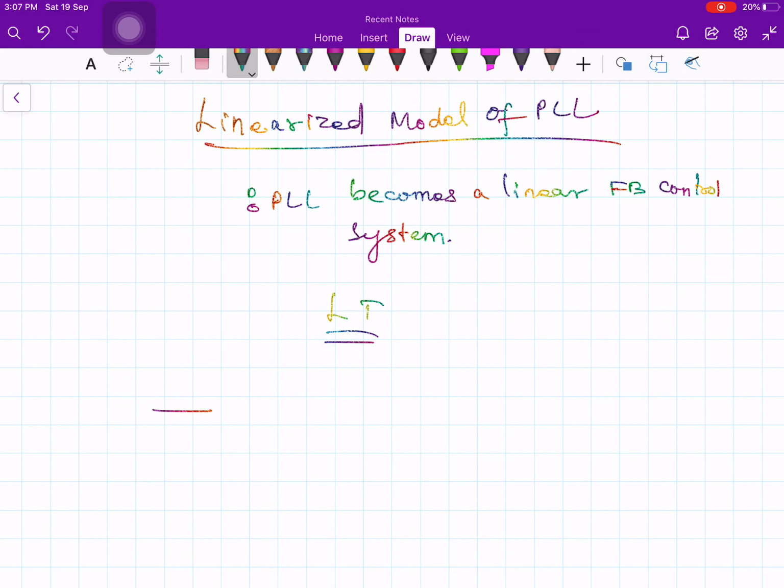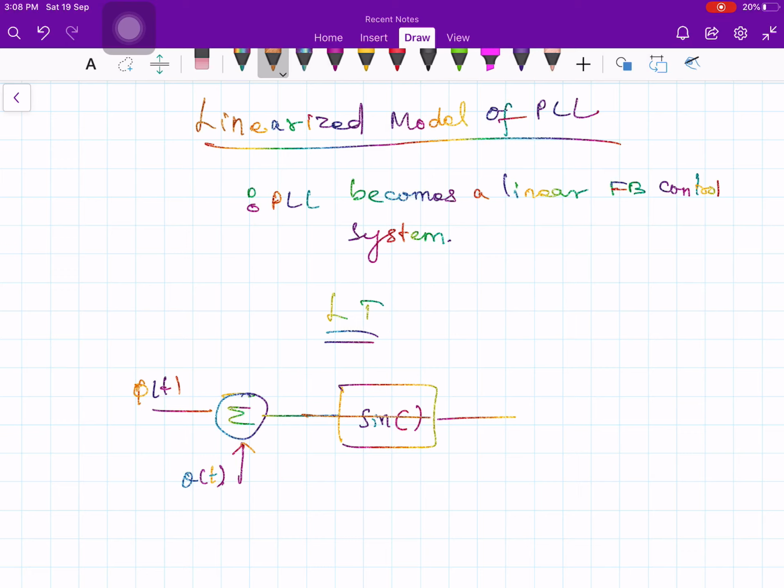So the input is phi of t, you put a summer, and this one is theta of t. Let me rewrite the circuit. That sine function, we are putting a straight line here. The sine is removed because of the locked condition, and then one half A_c A_v K_D, sorry, A_v times K_D.